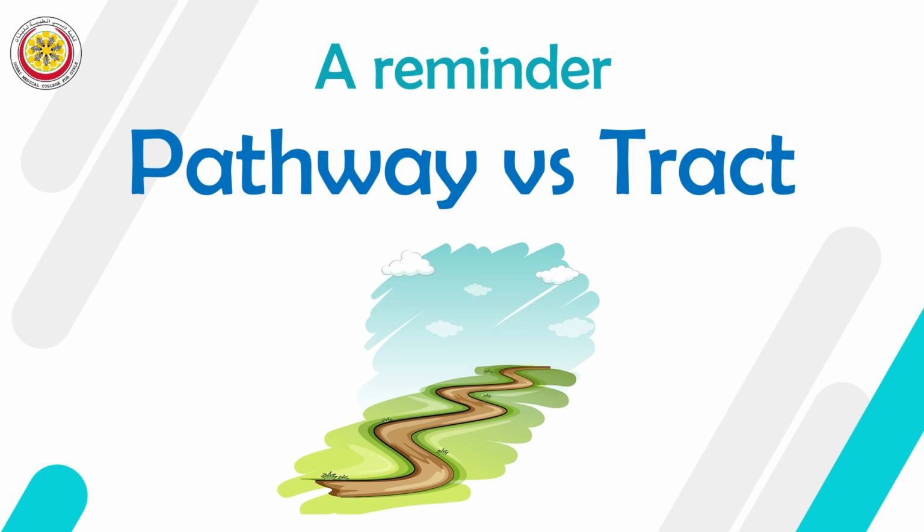In the ascending pathway, do we have 2 neuron pathways? Very important, because almost half of the ascending pathways are 2 neuron pathways. Proprioception?